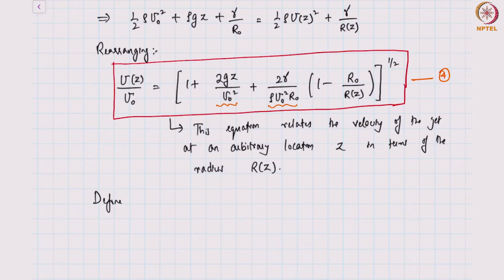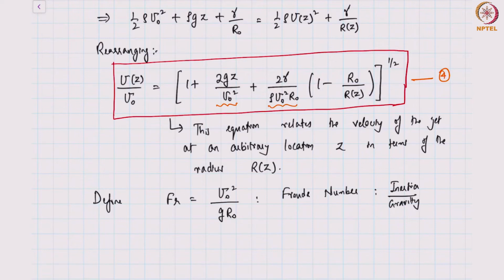Define this number, we'll call it FR, which is U0 square by G times R naught. Gravity is in the denominator and velocity is in the numerator. This number is called the Froude number, and it's a ratio of inertia to gravity.